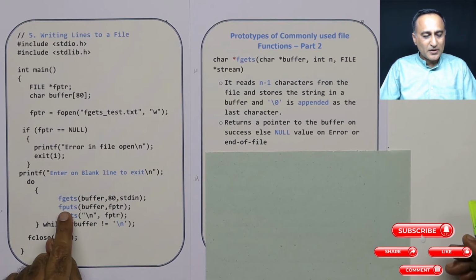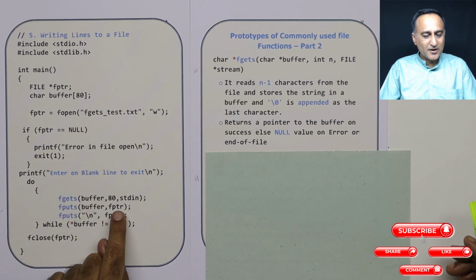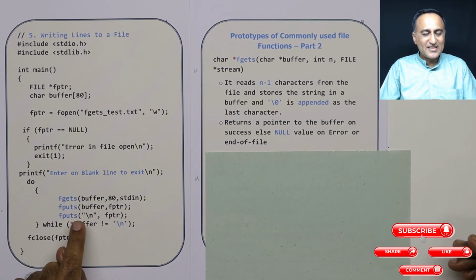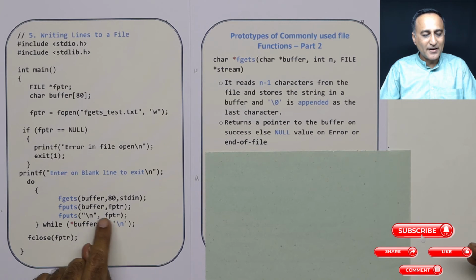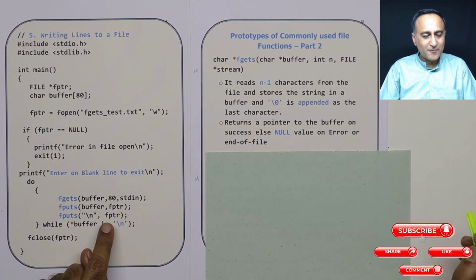Now using fputs and fptr, which refers to this file, I am writing the buffer onto fptr so that there is an enter key after every line. After I write each line, I am just putting the enter key into the file.